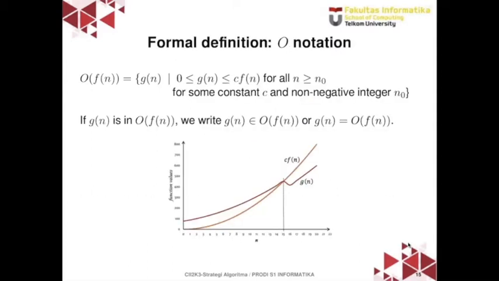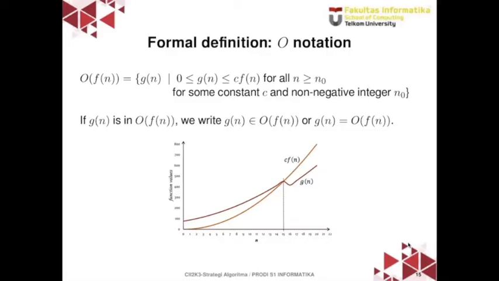The formal definition of big O notation is that a function Gn is in big O Fn if we can have a constant C and non-negative integer n0 such that for every n at least n0, this inequation holds. And then this is the graphic we have, so we actually don't really care what happens before n0.